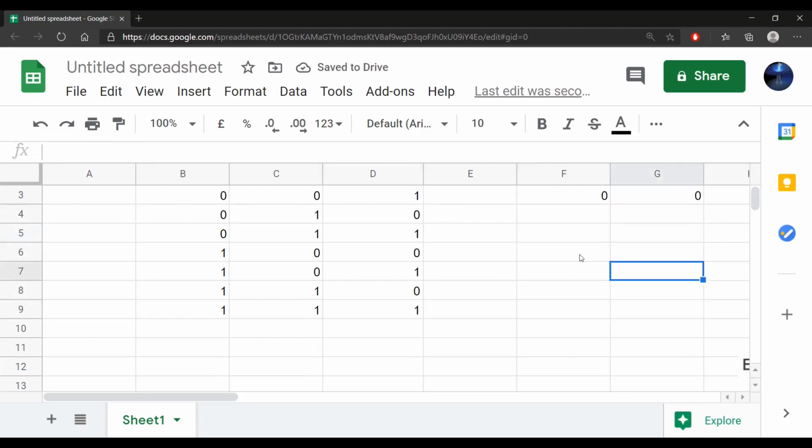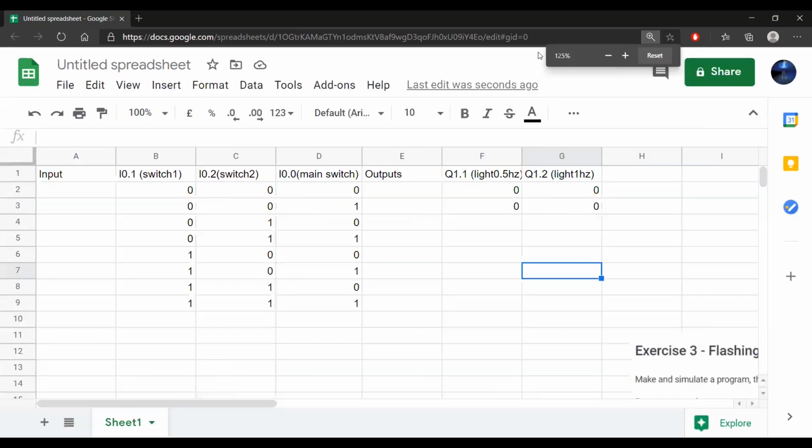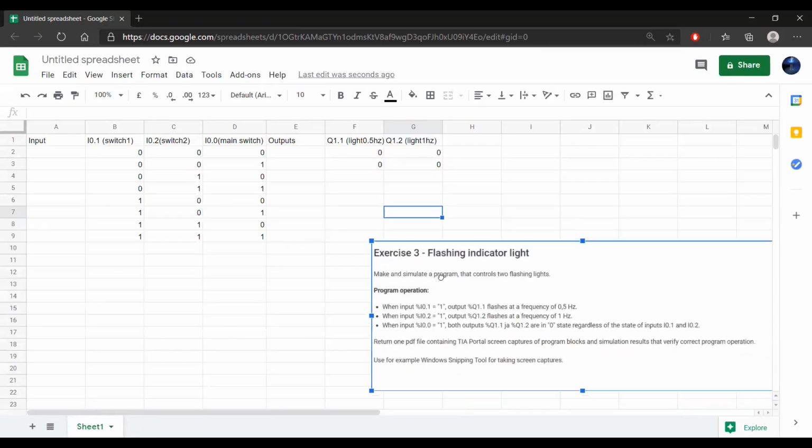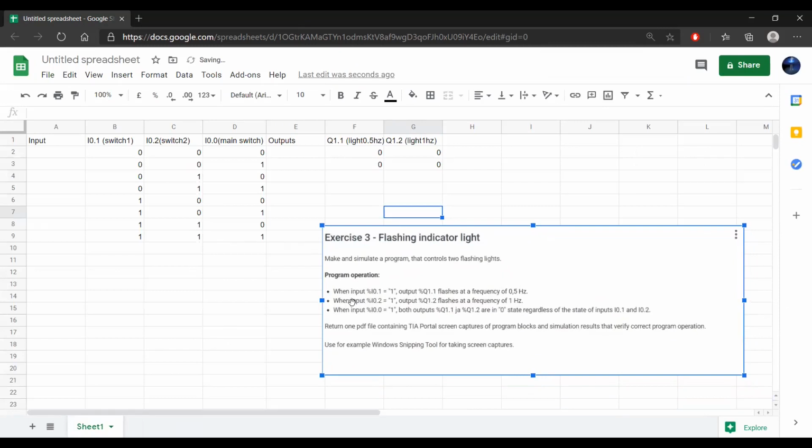If you're confused about how this works, you can have a look at the problem again. So the problem is saying that when input 1 is on, then light 0.5 hertz can also be on. And when switch number 2 is on, then the second light can be on. But it's saying that when the main switch is on, none of the lights can be on.